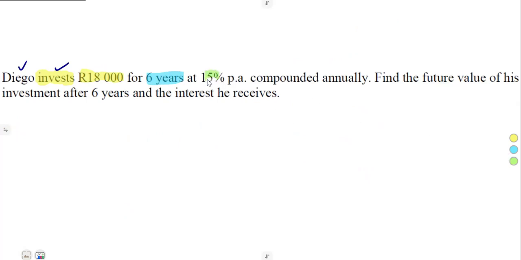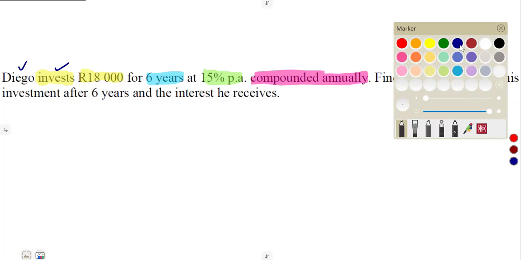At 15% per annum. We know this is a certain rate which must be specified. What type of rate are we dealing with? Is it simple? Is it compound? They are saying compounded annually per year. That's a compound interest.